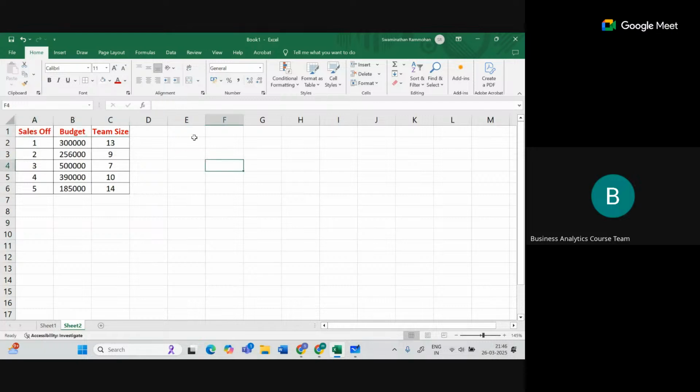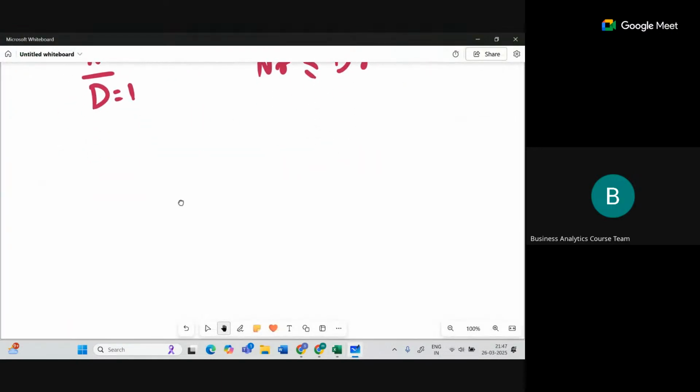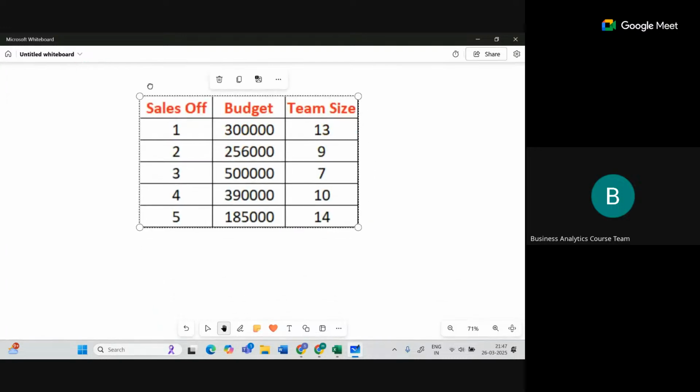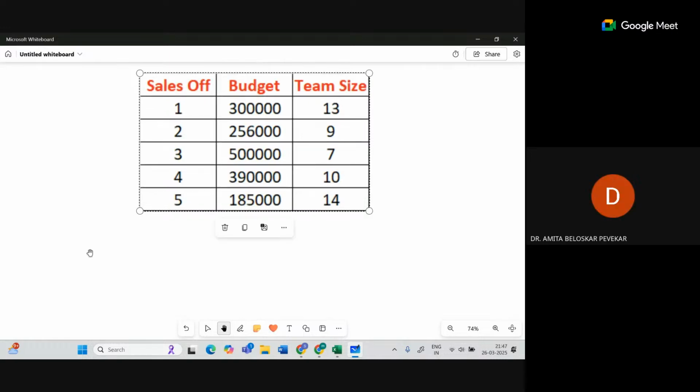Okay. So now, how will you formulate this? This is one input, one output. This is two inputs and constant output.